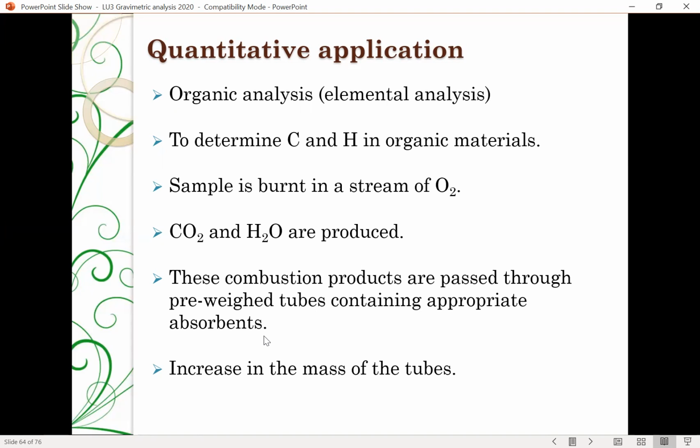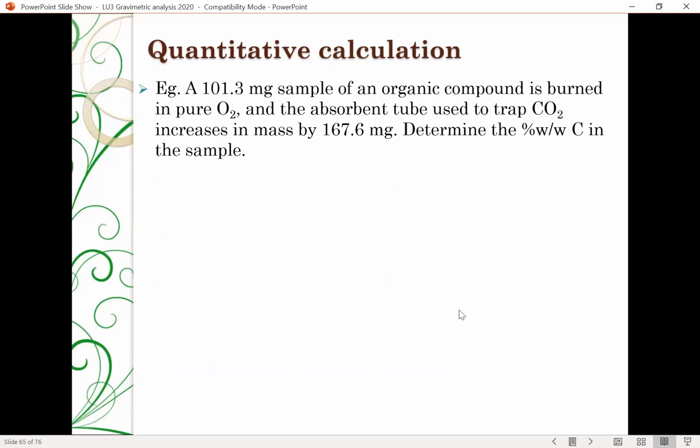If you want to determine how much H you have, you would have to put other adsorbents which can trap H2, hydrogen gas. So we will have an increase in the mass of the tubes, and we do some calculation based on the mass increase.